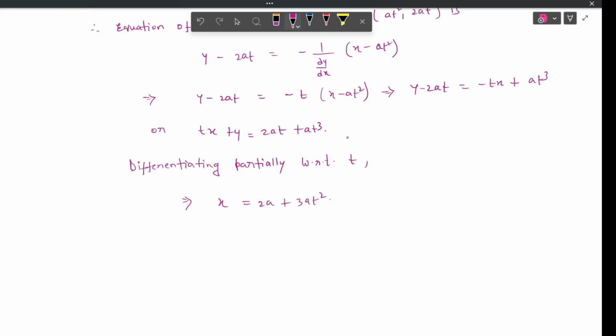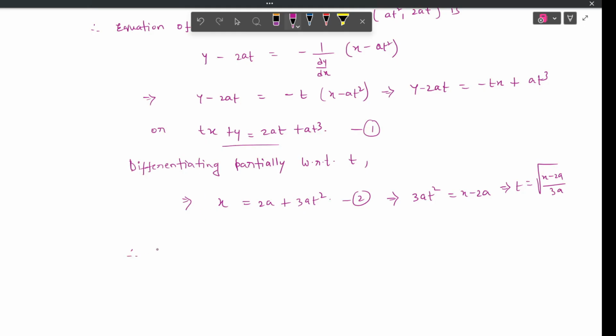Okay. Now let us say this is our equation 1. This is our equation 2. Now we have to eliminate t from equation 1 and 2. So from this we can say 3a t square is x minus 2a, or t is square root of (x minus 2a) by 3a. Now put this value here in this equation.